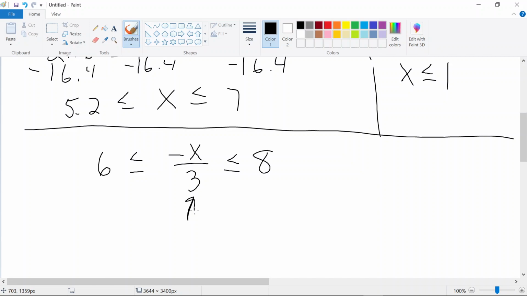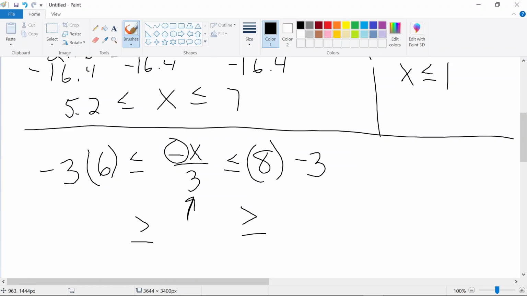Because negative x over 3 times -3 is equal to positive x. I just have to somehow get rid of that negative sign. So I'm multiplying this side by -3. And I know that looks like an x. It was supposed to be a times sign, but when I'm using x, I don't want to use an x as a times sign. So as soon as I multiply by -3, I have to flip those inequalities.